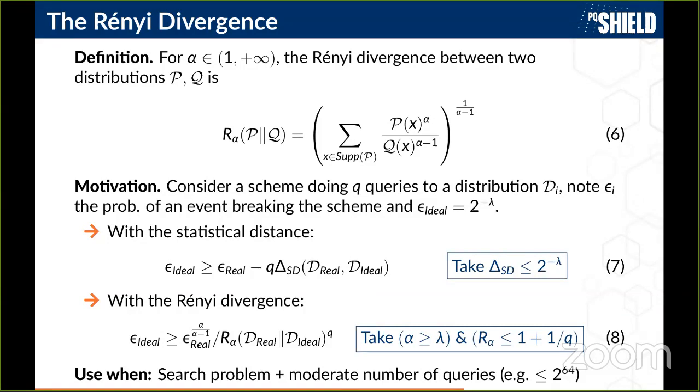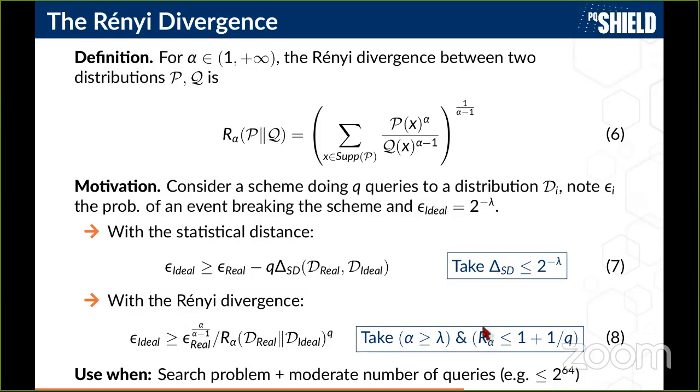For example, if small statistical distance does imply small Renyi divergence? If you have a small Renyi divergence, then you do have a small statistical distance, but you don't have the other way, I think. Yeah, okay. I think you can show counterexamples where you have statistical distance arbitrarily small, but Renyi divergence infinite.